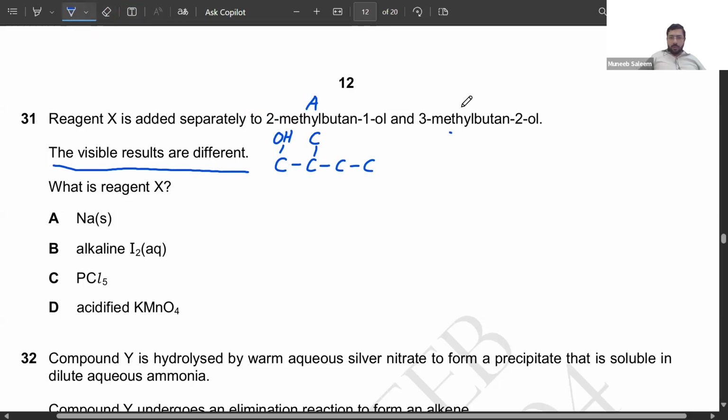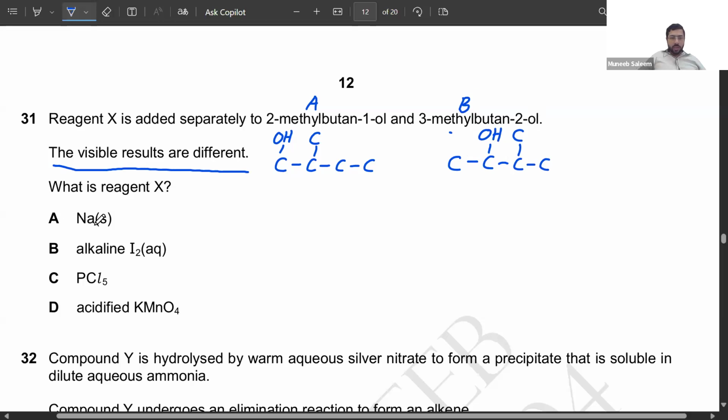Now compound B, which is 3-methyl-butene-2-ol, would look like this. We have 4 carbon atoms again, and the methyl group is on carbon number 3 from the left side, and the alcohol group is on carbon number 2 from the left side. So this is the structure of compound B. Now we react these two compounds separately with these four reagents.